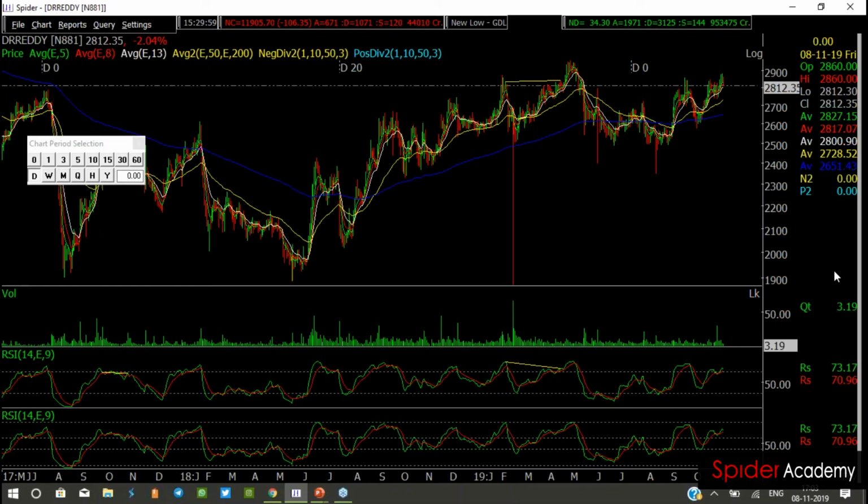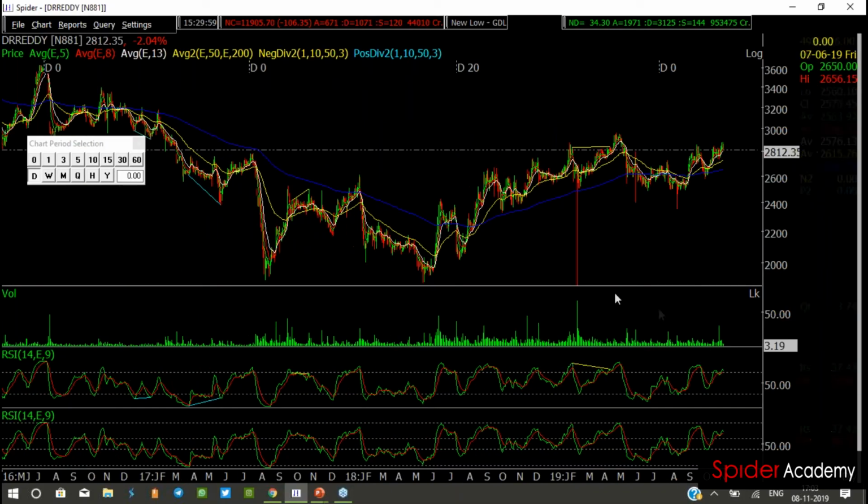On a daily chart, there was a divergence happening over here. If you see, the prices made a new high over here, right? But my RSI did not confirm it. After that, you can see what happened to it.